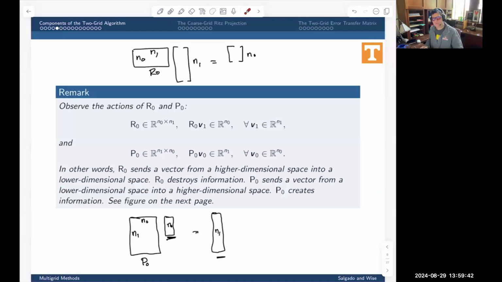Multigrid has its own set of terms, and that's why the difference in notation and terminology appears, because multigrid culture is just a little bit different than everything else. So keep that in mind. Restriction destroys information. Prolongation is the opposite. It creates information, taking something from a low dimensional space to a high dimensional space. If you're ever wondering which one is which, just draw these pictures out and you'll see.